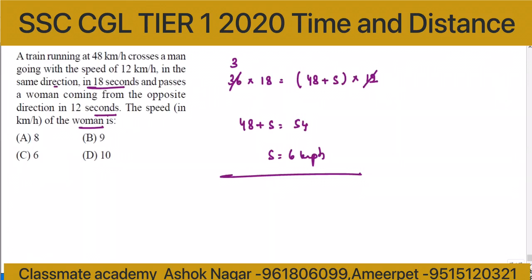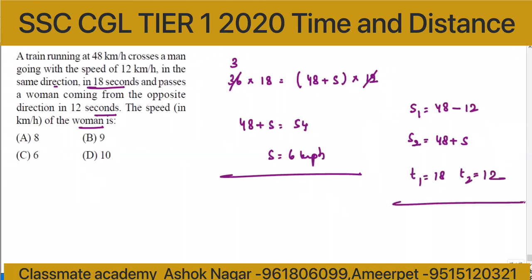I'm not finding the length of the train, it is a waste of time. Directly do S1 T1 equals S2 T2. S1 is 48 minus 12, S2 is 48 plus S, T1 is 18 seconds, T2 is 12 seconds. That's all.